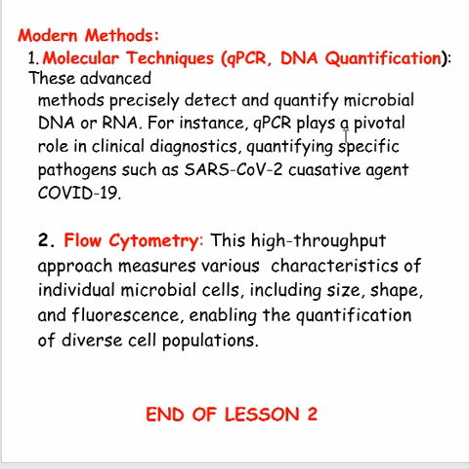This has been very important in most viral infections, as in the last epidemic we had, the COVID-19 period, when this molecular system was used to gauge the microbial population, that is the viral load, within any particular system or blood sample. So these are modern methods. They can be direct or indirect; the modern method cuts across the two.